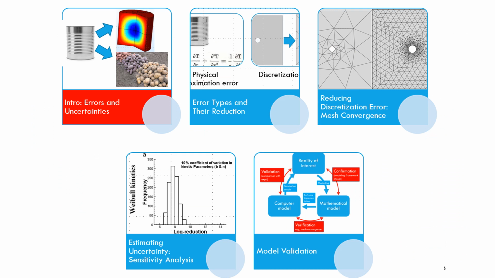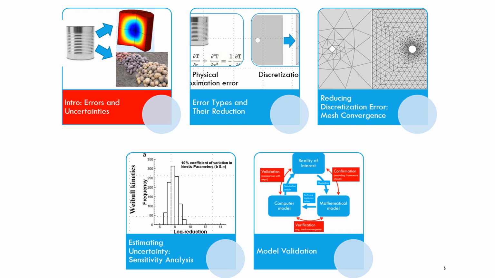To summarize this short introductory video, models have errors and models have uncertainties. We need to be aware of the errors and uncertainties, and we need to try to reduce them, and when it's not possible to reduce, we need to make notes of that. That is very important in a modeling process.